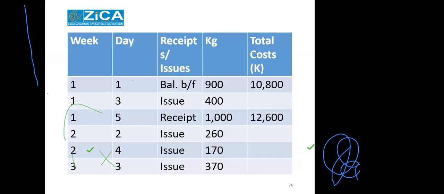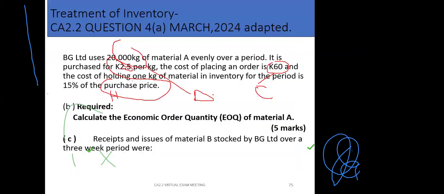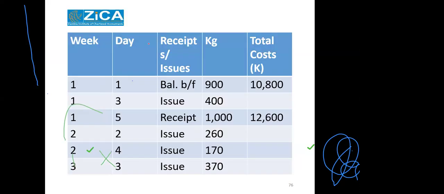So we are given, the question is on slide 76. Receipts and issues of material stocked by BG Limited over a 3-week period. So we have week 1, day 1, the brought forward balance was 900 with a total cost of 10,800.